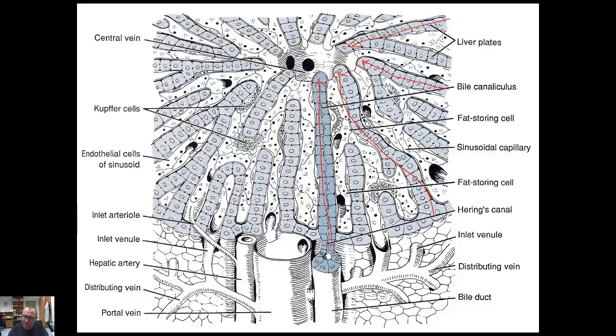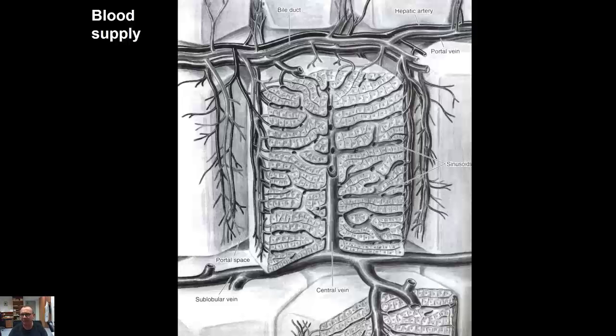Nevertheless, they finally tend to go to the center of the lobule. The central structure of each hepatic lobule is a central vein, and so hepatic lobules are sometimes also called lobules of central vein. Here is a schema of one hepatic lobule. Its central vein is this vessel in the center.